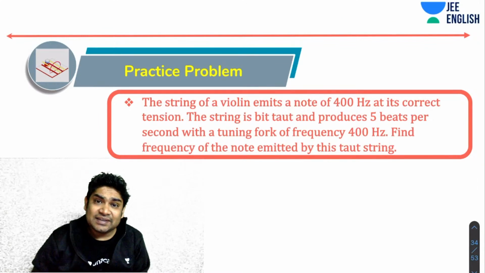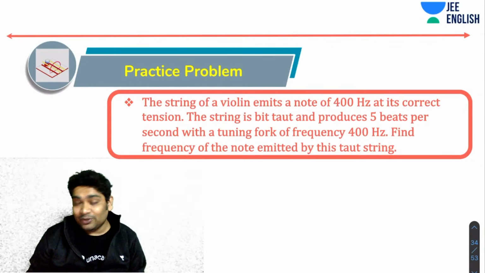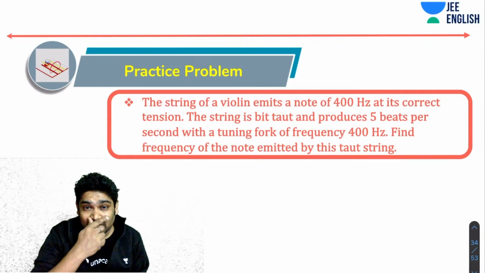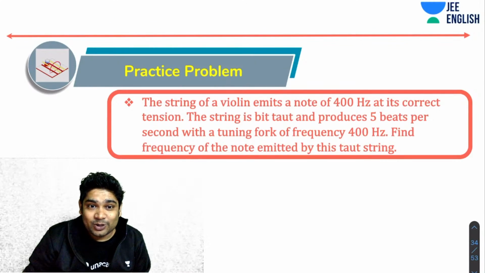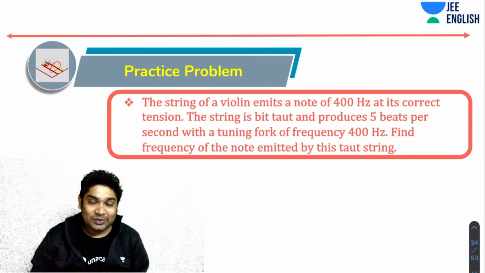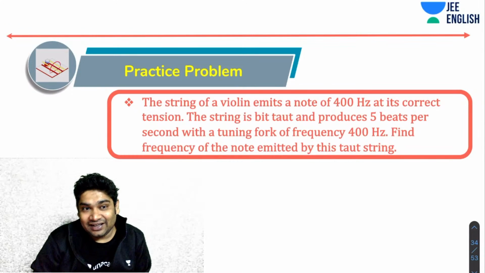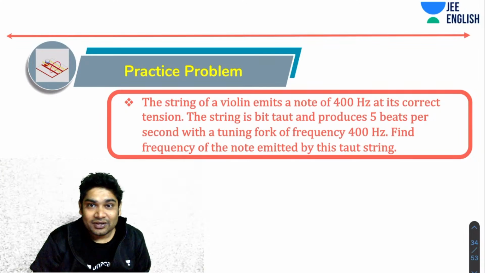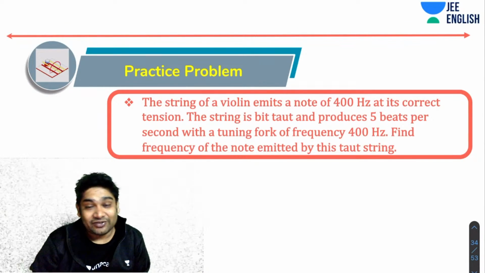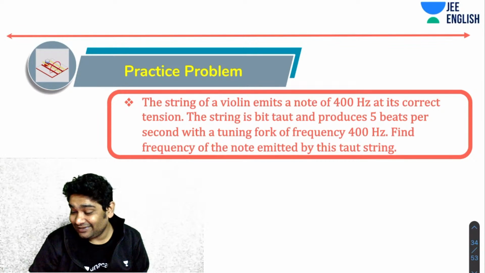In fact, this is the basis of tuning your guitar. Those of you who are into music know how you tune your musical instrument. Whenever you're tuning a guitar, you play a sound and then you play this frequency, and if you're hearing beats, then the guitar is out of tune. When the guitar is fully tuned, you will not hear any beats. So that is the basis of tuning musical instruments also. Very interesting practical applications.